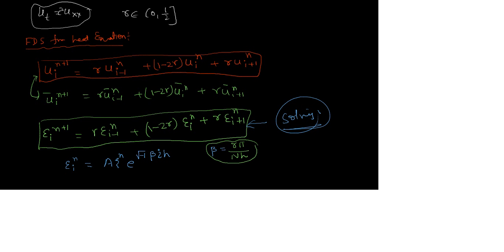Yes, so just substitute this in. What will we get? Let me write here. We'll get A zeta^(n+1) exponential of square root of minus 1 beta i h.